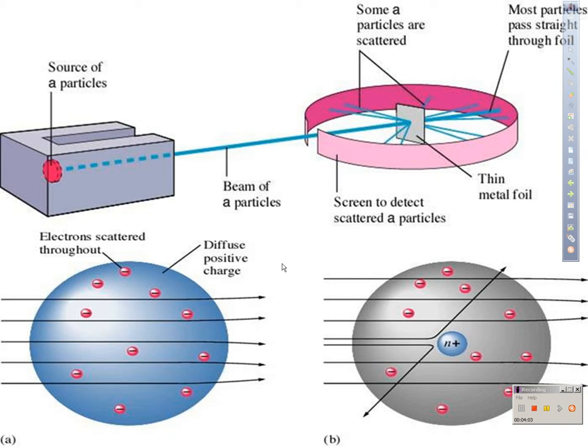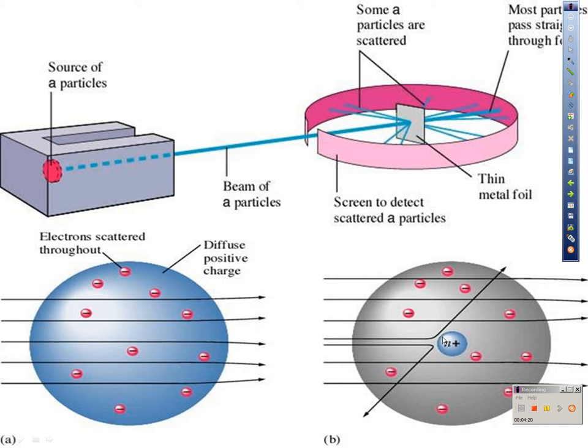But what should have happened was that the particles should all have ended up on this side of the gold foil, maybe with a little bit of diffraction. What should have happened is this part right here. What actually happened was this right here. Some particles are scattered all the way throughout. Because that happened, he proved that there was a nucleus inside of the atom.